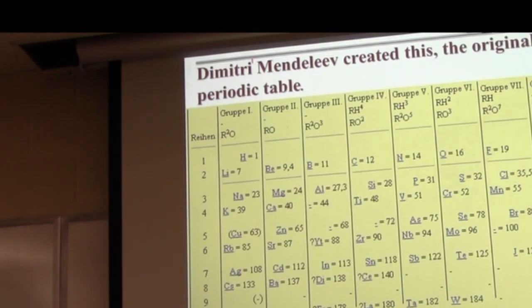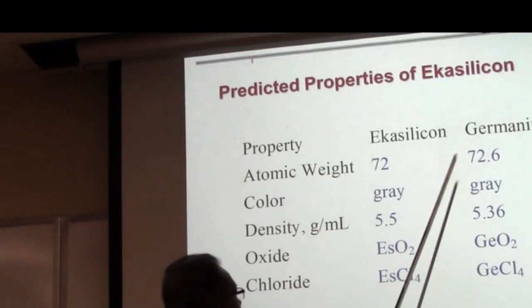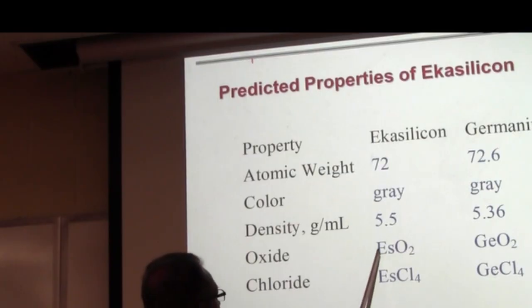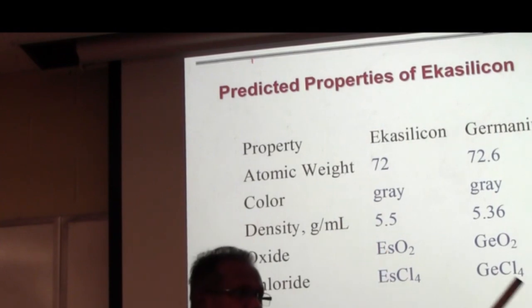Similar to silicon, but he didn't give a name. But what we found out after he predicted this should have 72 mass, color is gray. It should form elements like this, just like silicon, and all these were predicted.